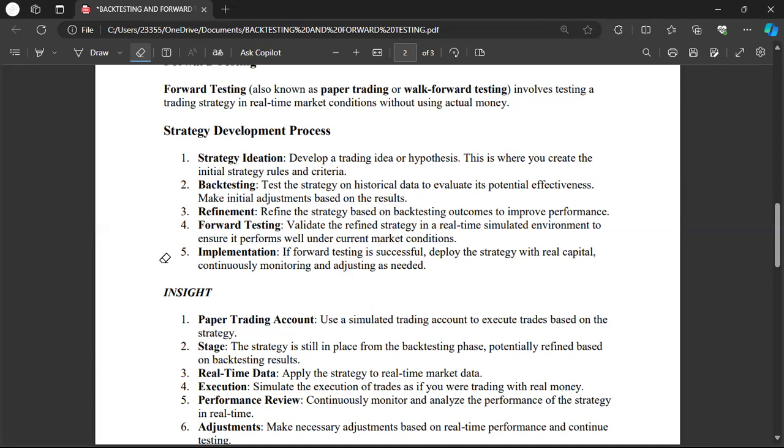Okay, let's move to five. Implementation. If forward testing is successful, right now we have done back testing, done forward testing, deploy the strategy with real capital, continuously monitoring and adjusting as needed. So one thing I'm going to repeat: it means that a strategy is not going to be fixed, right?